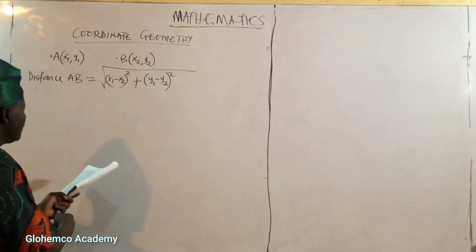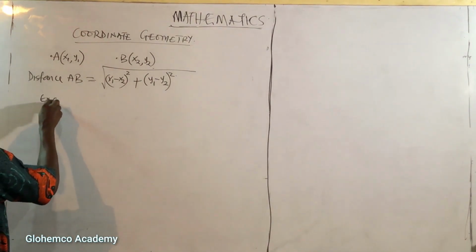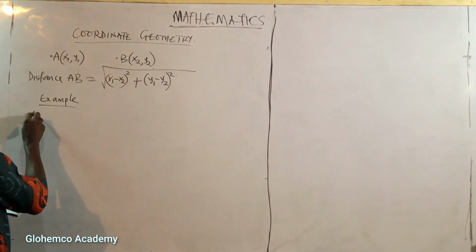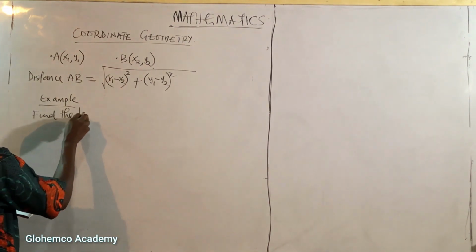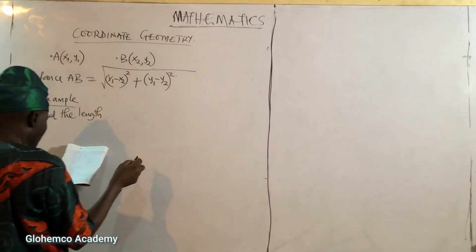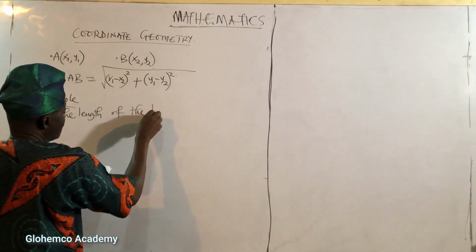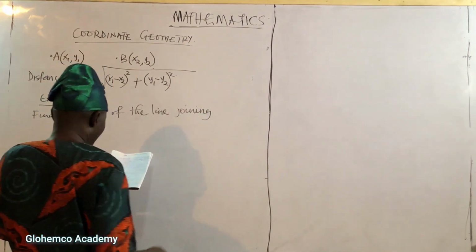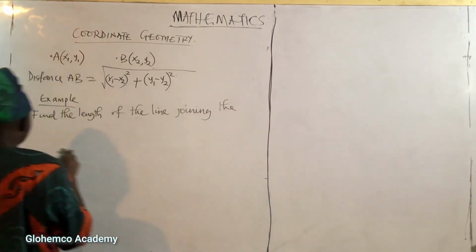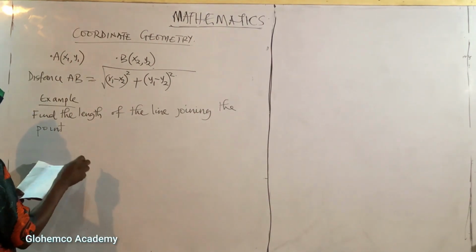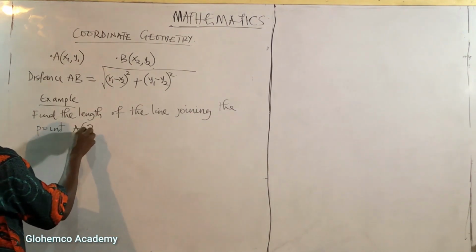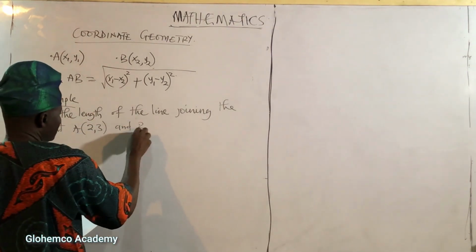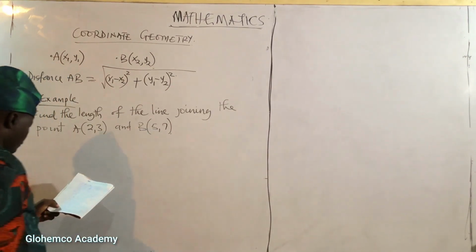We are saying that if you are asked, for example, to find the length of the line joining the point A (2, 3) and B (5, 7).